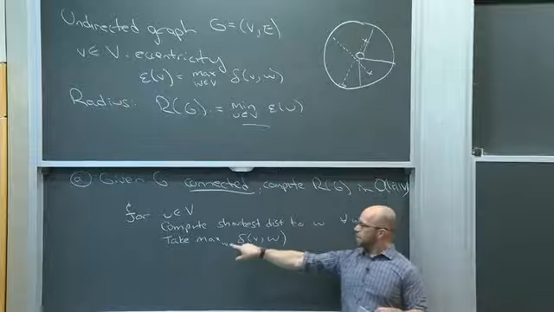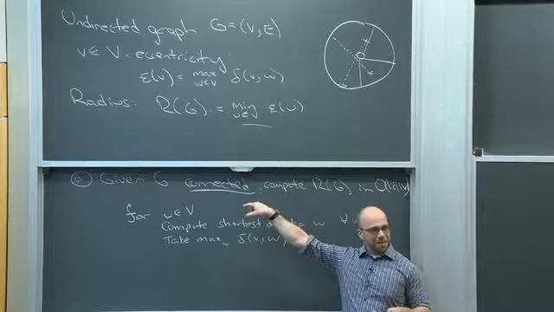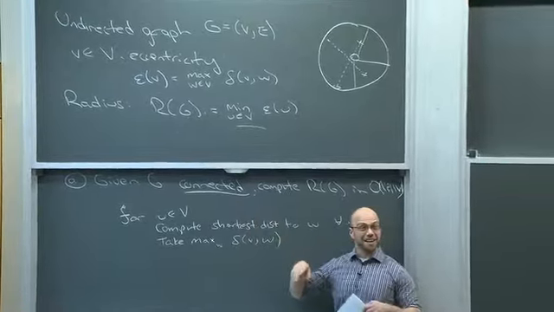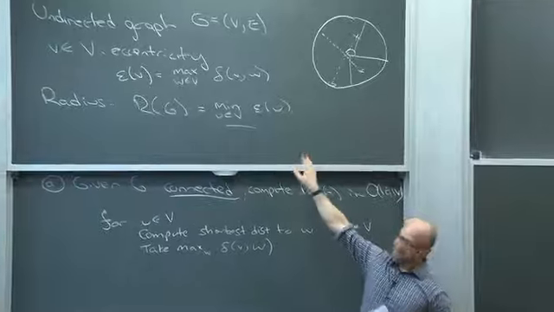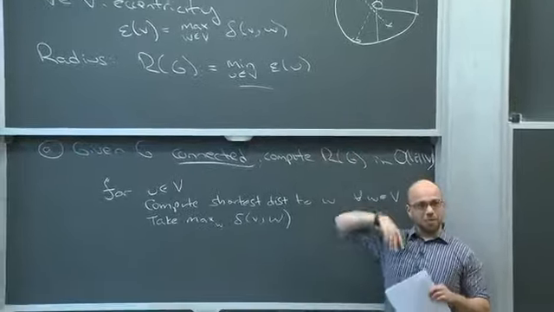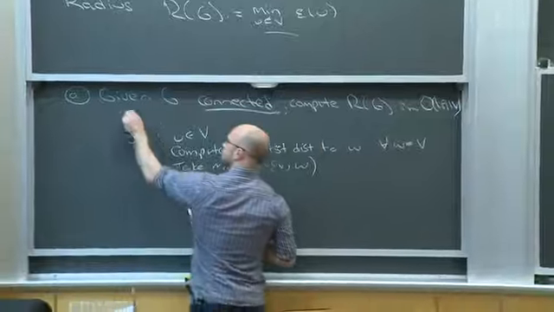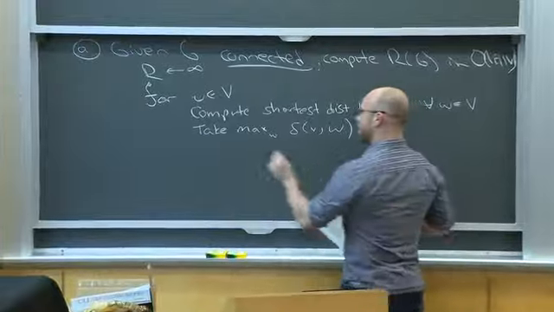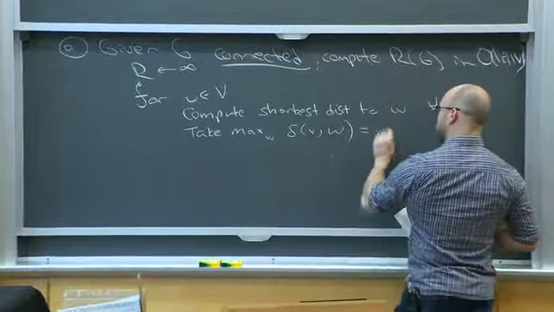And then if this number is smaller than the current estimate I have of the radius, then I keep it. And if it's not, then I throw it away, right? So maybe I initialize my radius at infinity, and let's call this number little r.